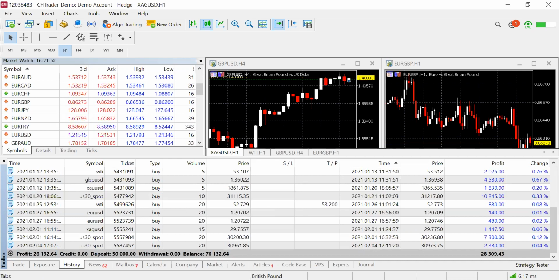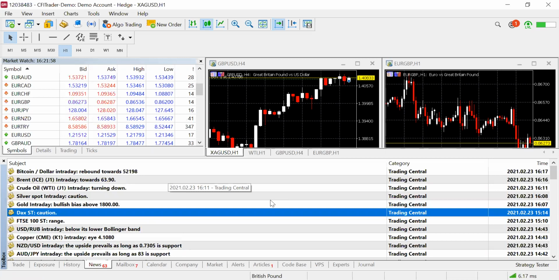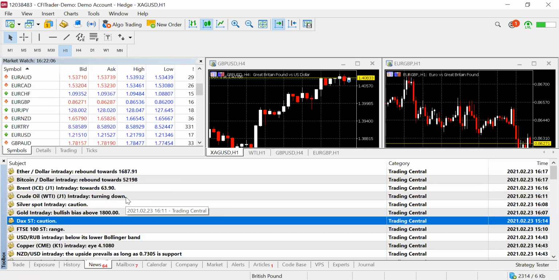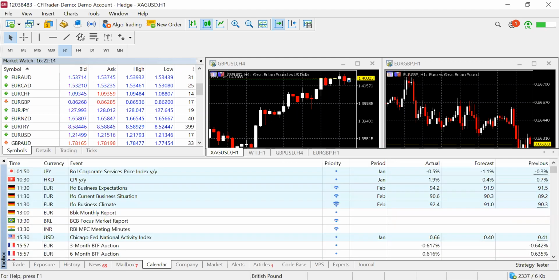Then the other option you have here is all the news that is currently happening, as you can see here. You can check, and if you open one up, a window will pop up and you will be able to read the particular news. Then here you have a mailbox. Then you have the calendar. It's pretty much the economic calendar.